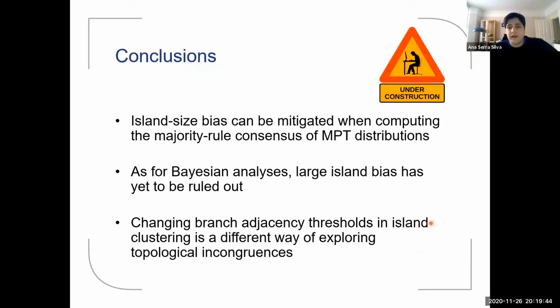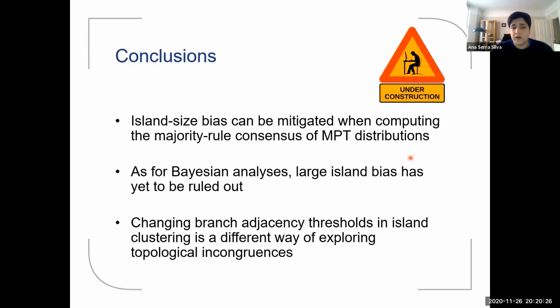So what we can say at this point is that we can mitigate large island bias in the majority rule consensus if we either work with partition by island consensuses, or we make sure that islands are contributing equally to the consensus, either by weighting by island size or by doing something like rarefaction or oversampling, where we make sure that all islands will be represented by the same number of trees in the consensus.